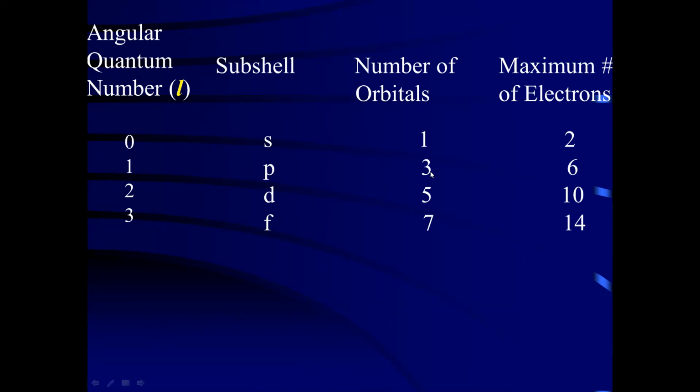You may remember px, py, pz. And d has 5 different orbitals. We showed you in the last class how to draw them. And the maximum number of electrons it can hold is this one. Each one times 2, you will get this value, because each orbital can hold 2 electrons.